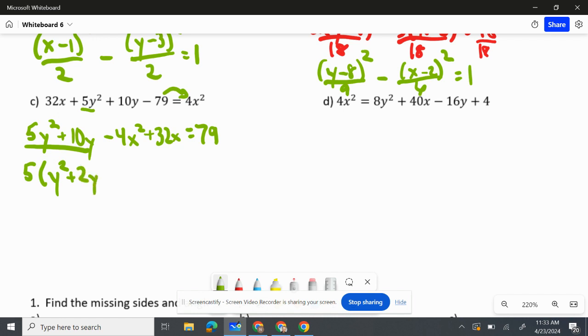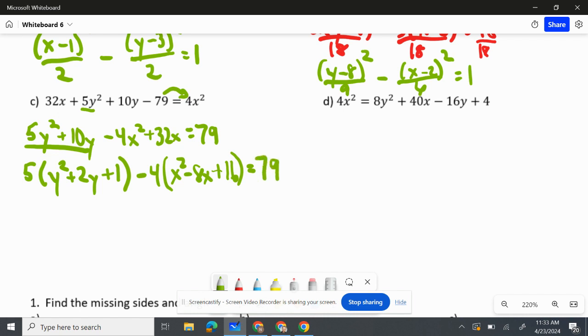Divide the 2 by 2, which is 1, squared is 1. Then I'm going to factor out a negative 4, and that gives me a negative, x squared minus 8x divided by 2 and squared, which gives me 16, equals, and we have the 79.